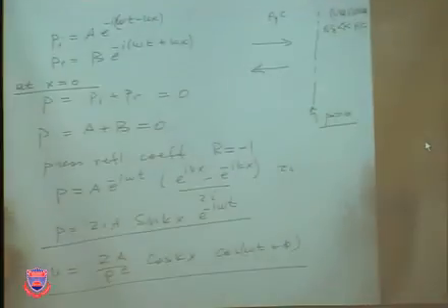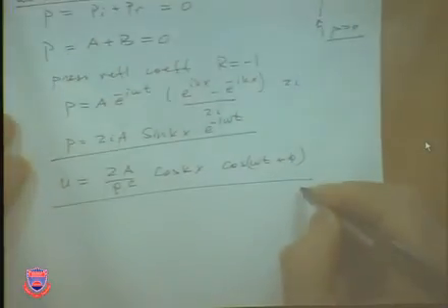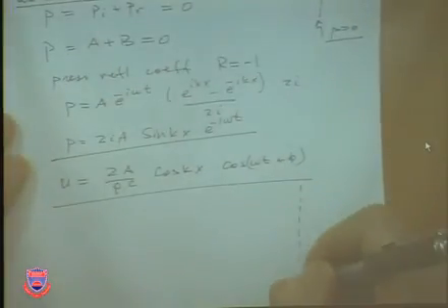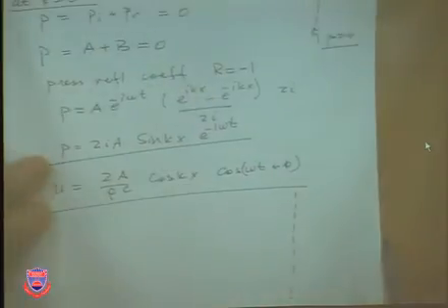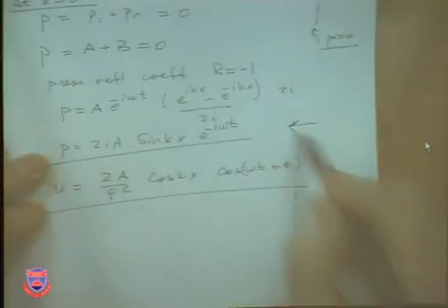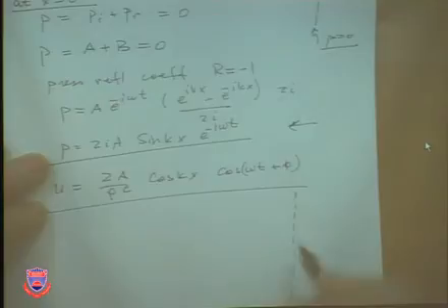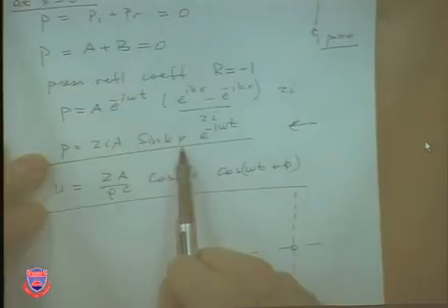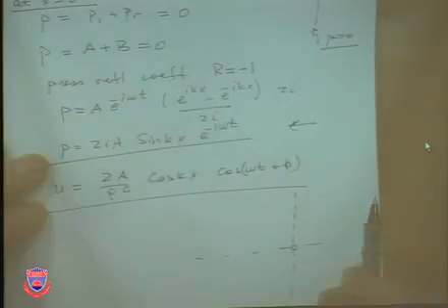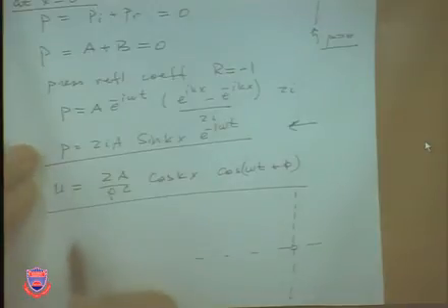Now, let's look at this one more time. The pressure on the surface is 0, right? When x is equal to 0, kx is 0. When does it reach a maximum value?